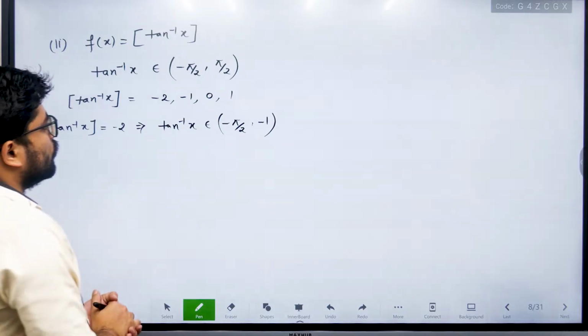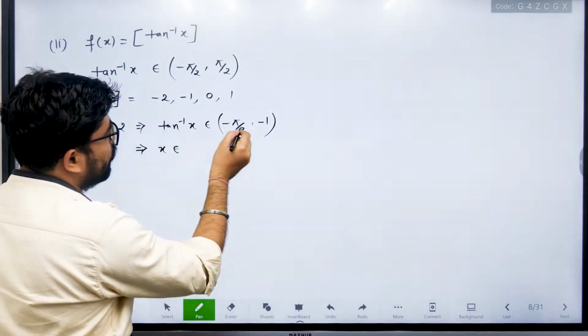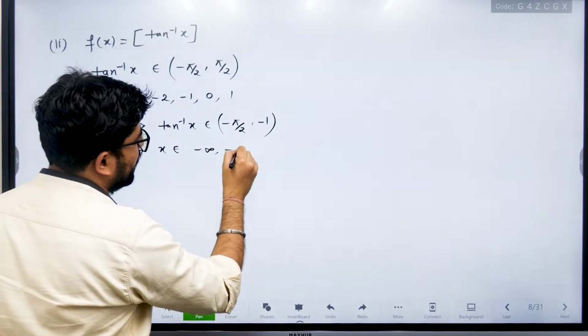Yes. So from here you can say x belongs to tan of minus pi by 2, that's minus infinity, and tan of minus 1, that is minus tan 1.